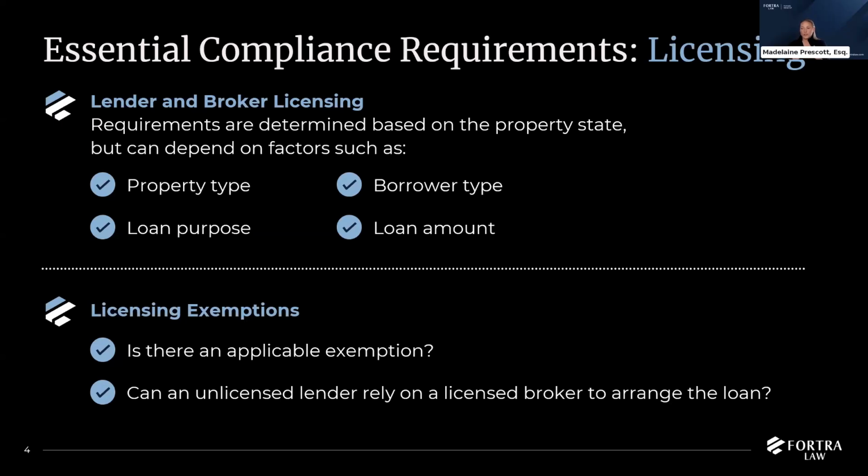There are other exemptions that could exist, but this big exemption for lenders is getting a DRE licensed broker to arrange the loan for them. So you definitely want to make sure you're aware of, one, what is actually required, and two, if there are any exemptions or other options available if you're not licensed to still be able to make that loan. It's definitely worth a conversation with your counsel and making sure that you're in compliance here.